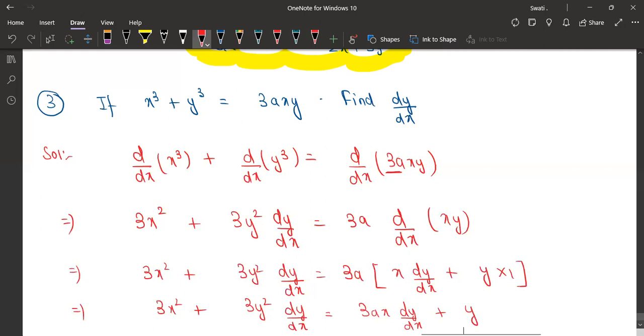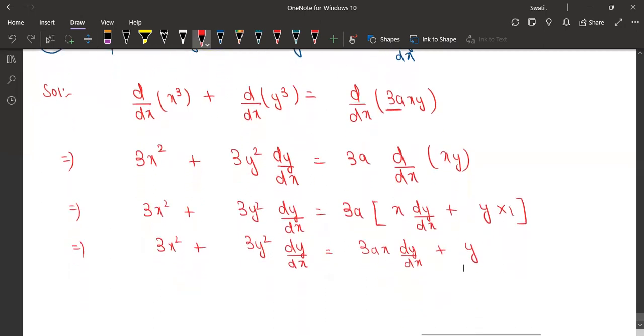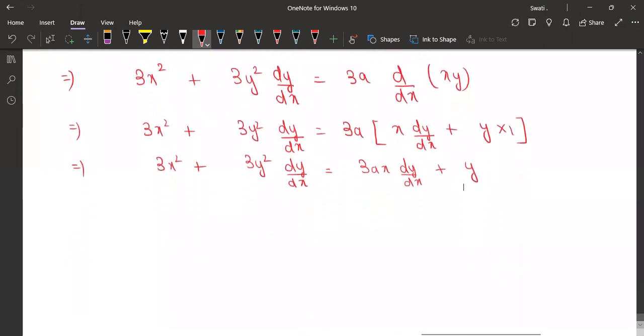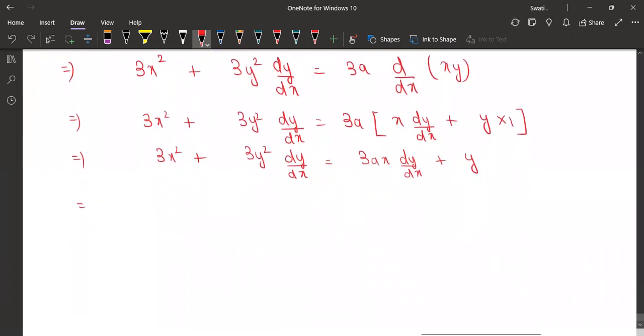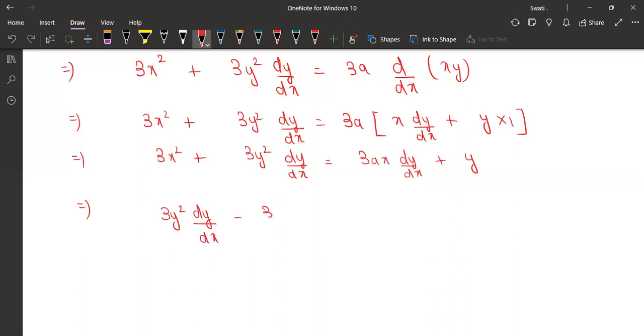Now I can just go down and write this as 3y square dy/dx as it is. Shifting this 3ax to the other side, 3x dy/dx will become minus 3ax dy/dx. And here we have y, this y as it is.